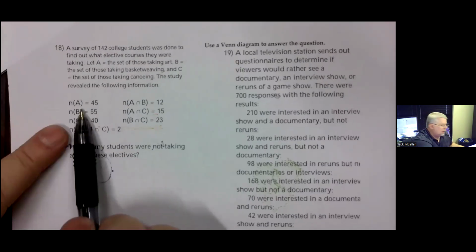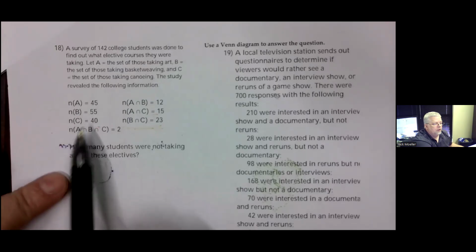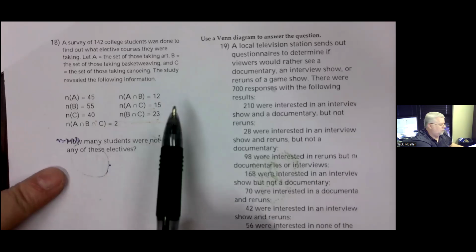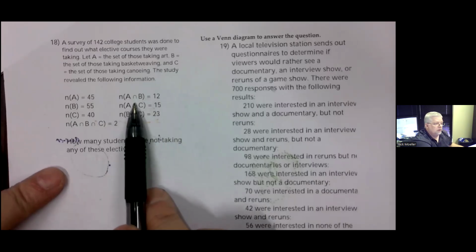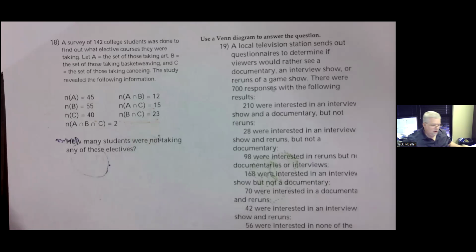The number in A, art, is 45, number in B is 55, number in C is 40, number in A intersection B intersection C is 2, and then the intersection of A and B is 12, 15 for A and C, and then B and C is 23. So how many students were not taking any of these electives?